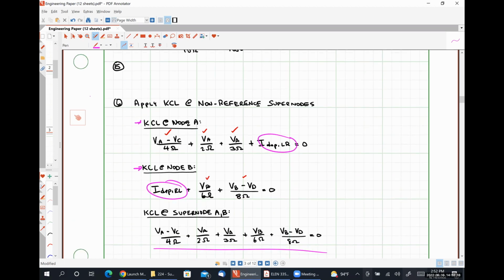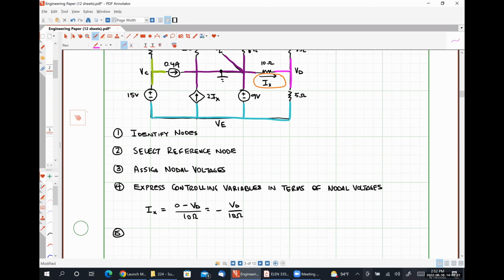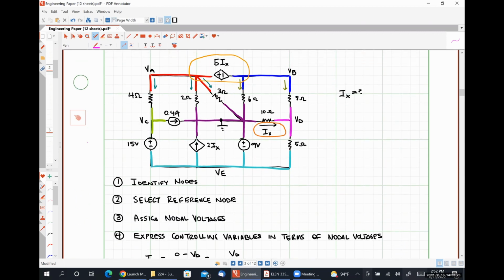I want to scroll back up here. Anytime we have a voltage source, we are going to have a supernode. So I'm going to identify my other supernodes in this circuit.